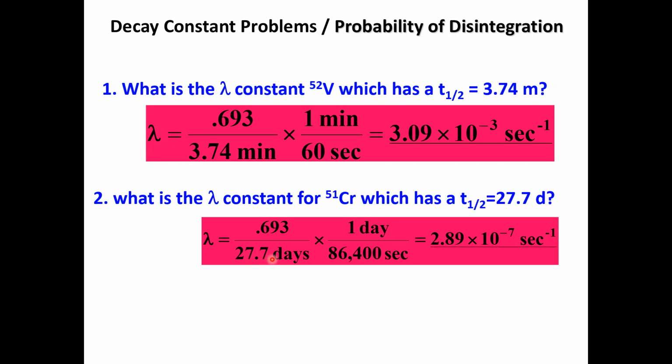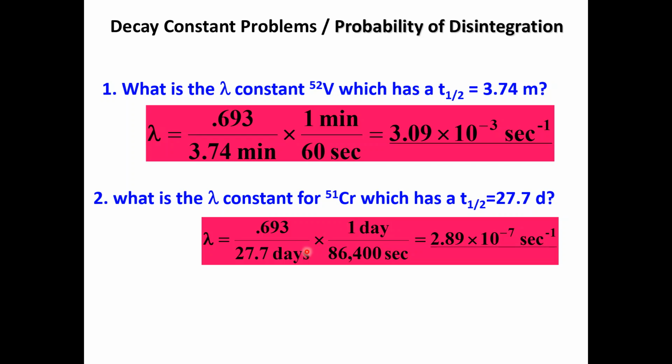The half-life is 27.7 days. In order to convert that into seconds, we have to multiply the days by the number of seconds in one day. In one day we have 86,400 seconds.